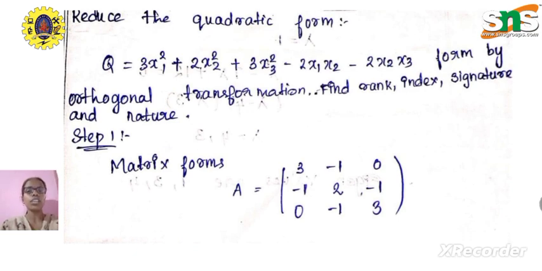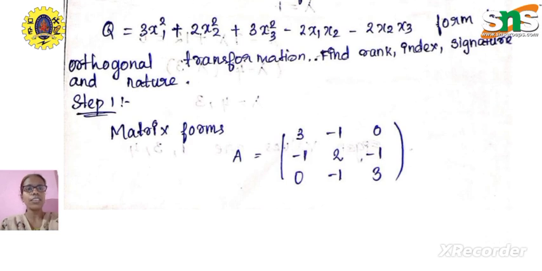The first thing is the matrix form. You take the square terms as the diagonal. Here the square terms are 3, 2, 3, so that is your diagonal. The next thing is minus 2x1x2, which means the x1x2 coefficient is minus 2. You have to divide that value by 2.